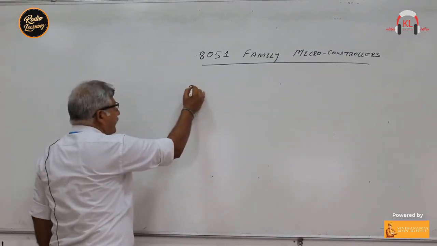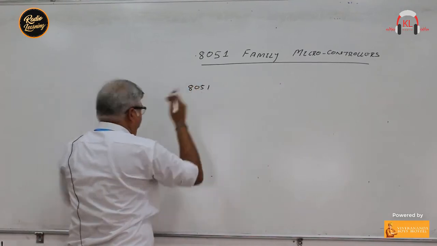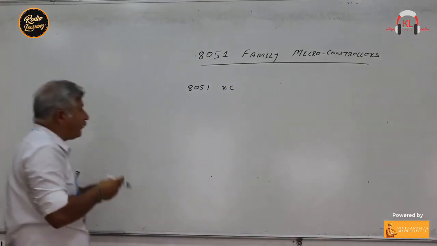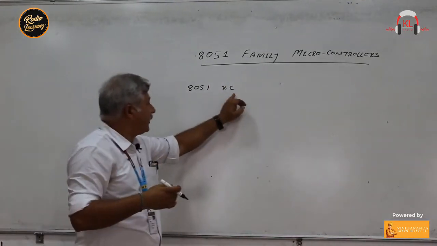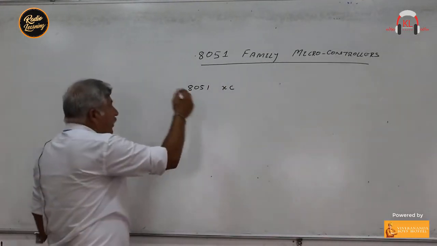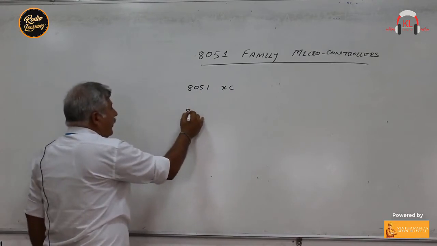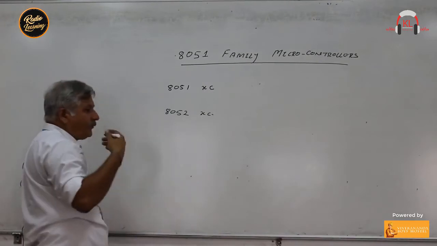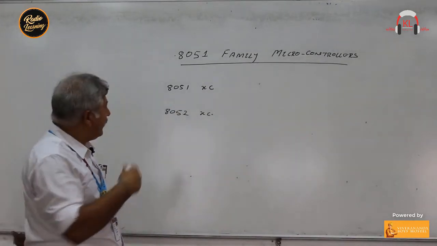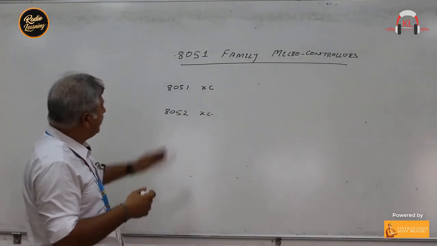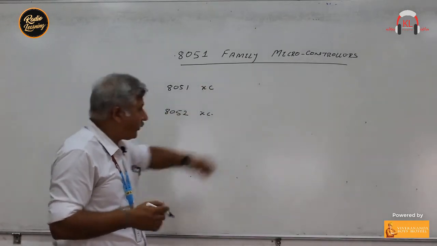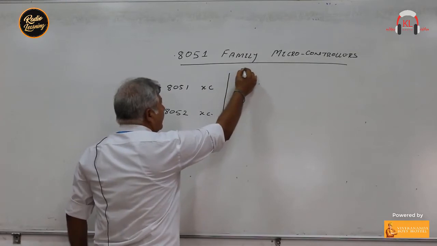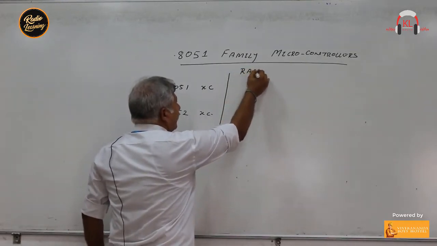For example, in the 8051 microcontroller, I will write microcontroller with mu C, and the 8052 microcontroller. We will see the basic difference between these two microcontrollers, and both of them come in the family of 8051 microcontroller. Now here, what is the size of RAM?